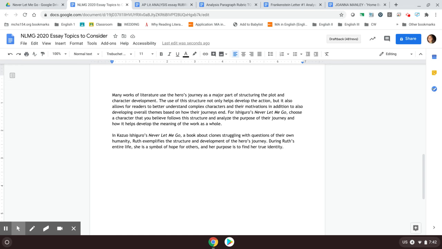And then for the rest of my essay, or the rest of my analysis paragraph, I need 2 to 3 examples that show me, number one, how she's a symbol of hope, and maybe number two, how this shows a search for her identity. As far as the symbol of hope, I might talk about how she has a rich imagination, and use some different examples of imaginary things or games that she comes up with.